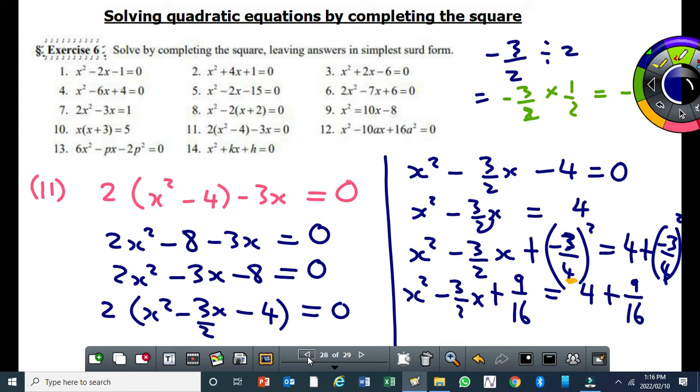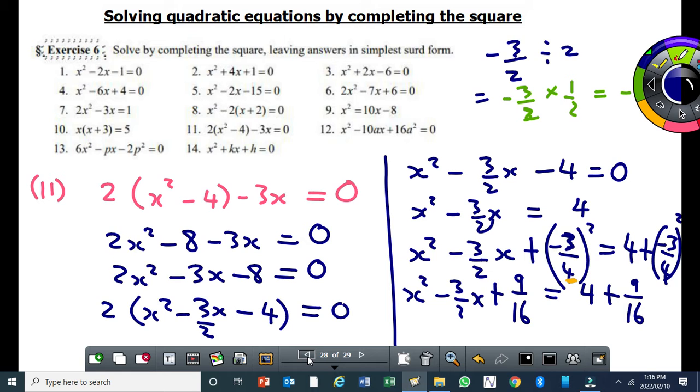Why did you create the minus zero? Right there. Why did you split it apart? Because I wanted to create a perfect square trinomial on the left-hand side of that equation.